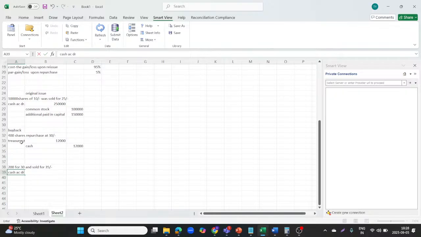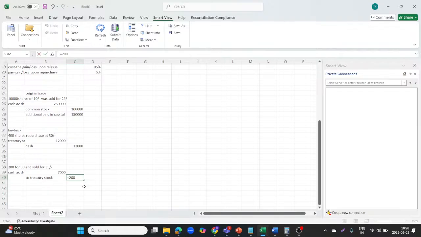Out of the 400 shares, we are selling back 200 shares, so cash account debit, 200 shares into 35. Treasury stock account credit, because we had debited the treasury stock.